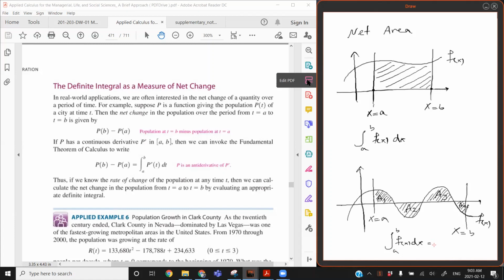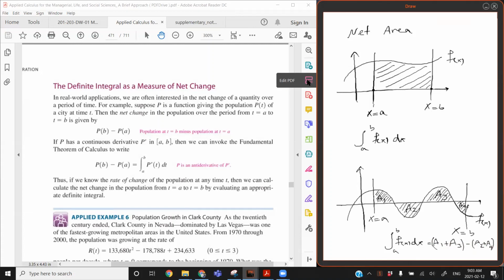It's going to be the sum of the areas that are above the x-axis, that is A1 and A3, minus the sum of the areas that are below the x-axis, that is minus (A2 plus A4). Or I can also say that it's A1 plus A3 minus A2 minus A4.